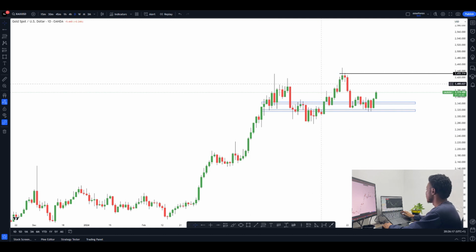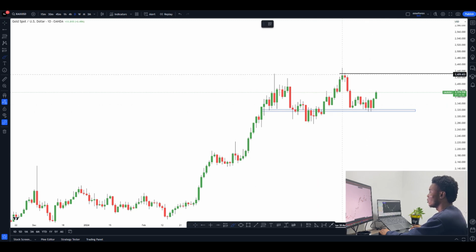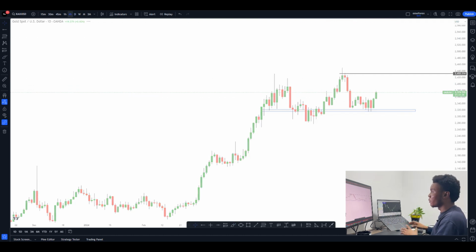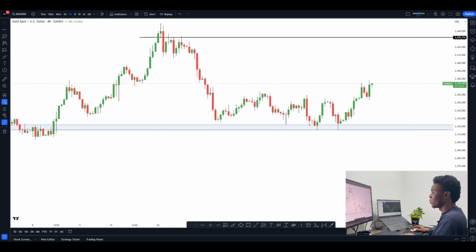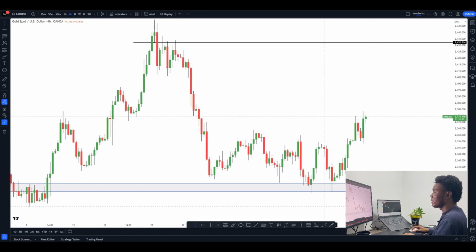So looking at this now, we have dropped, we have traded all the way down, we've created that volume. You can see that gold is picking up slowly to the upside. So we want to get on buys, we want to position ourselves for the buy side for gold. Now if we drop down to the 4 hour chart, clearly we can see that gold has broken out from this level here.